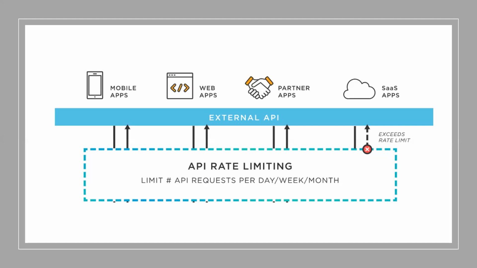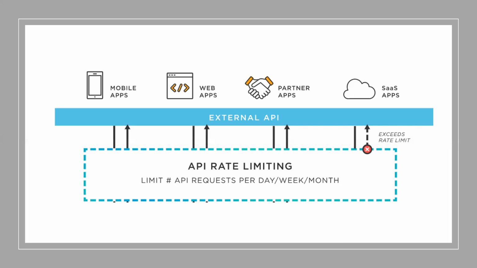Rate limiting helps us protect against malicious attacks. For example, a hacker can use bots to make repeated requests to an API endpoint. Due to the number of repeated requests, the service becomes unavailable for others.